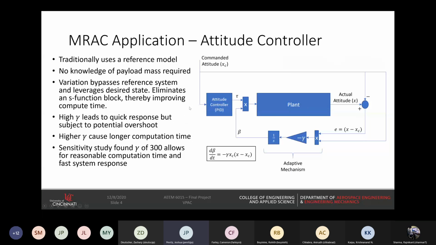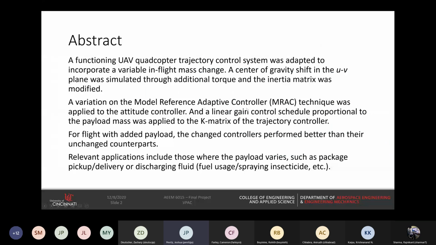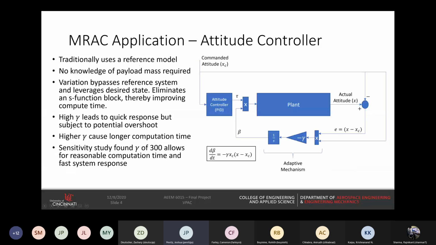For our attitude controller, we used an MRAC, which stands for Model Reference Adaptive Control. We used a slight variation on this. Typically, an MRAC would create a model plant, which in our case would be the quadcopter without a payload, and compare that to the true plant, which is the quadcopter with the payload, and take the difference in attitude to create an error value.